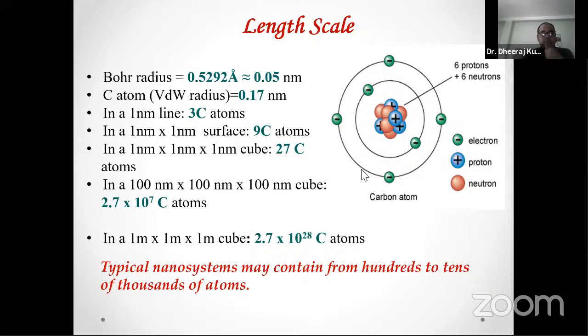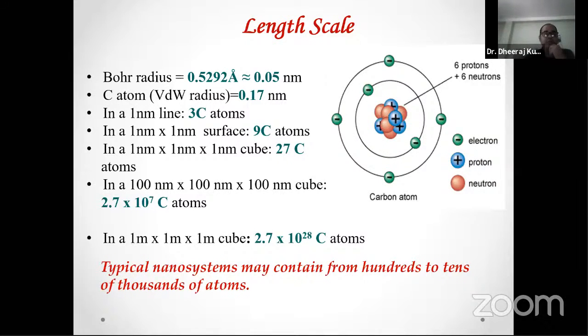In this slide, I want to visualize the length scales of the nanometer range. The Bohr radius is about 0.5 angstrom, that is 0.05 nanometers, and a carbon atom has a van der Waals radius of about 0.17 nanometers, meaning its diameter is 0.34 nanometers. If we arrange carbon atoms in a line of 1 nanometer, we require 3 carbon atoms. On a two-dimensional surface of 1 nanometer, we require 9 carbon atoms.